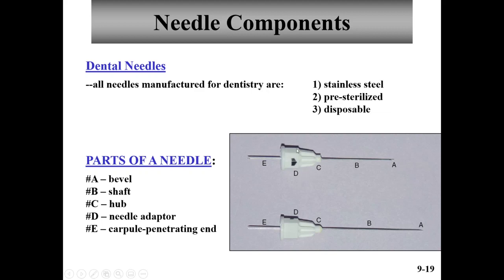Now, the needle adapters that we use in our clinic are aluminum, but it'll look the same way. And then you have the carpule penetrating end of the needle, which is the first portion of the needle that you will actually insert into the carpule, and then you'll screw down the needle adapter.